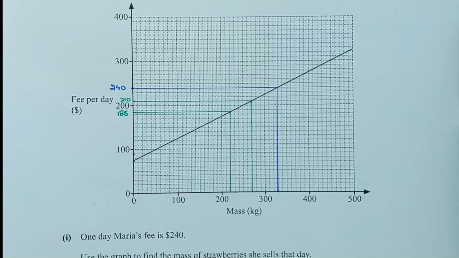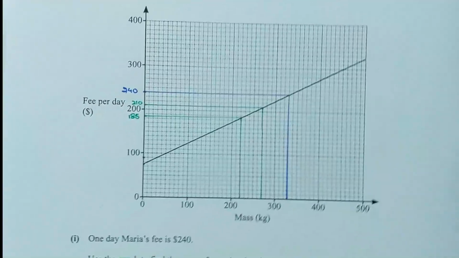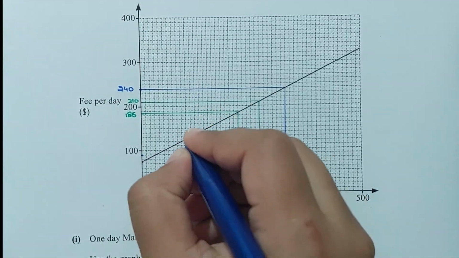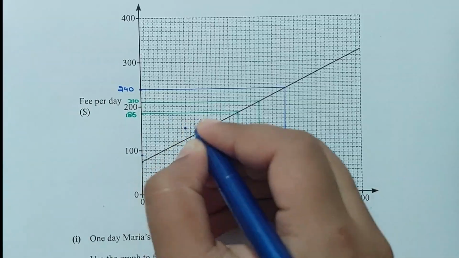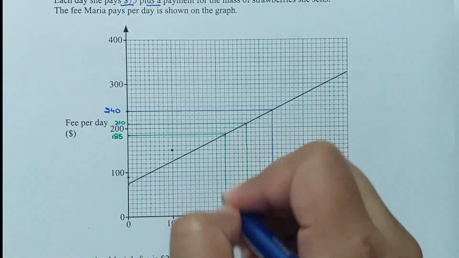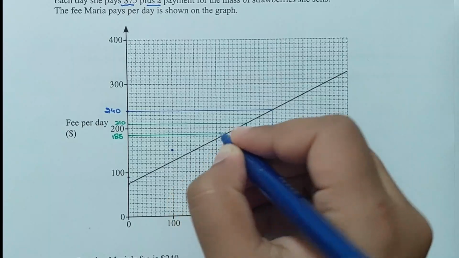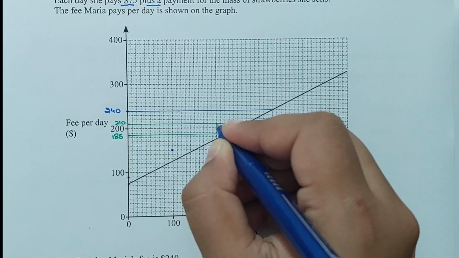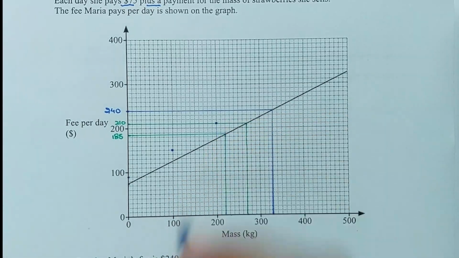Okay, so at mass 0 the fee is 90, and then at 100 it is 150, in the middle. At 200 it is 210, this point.